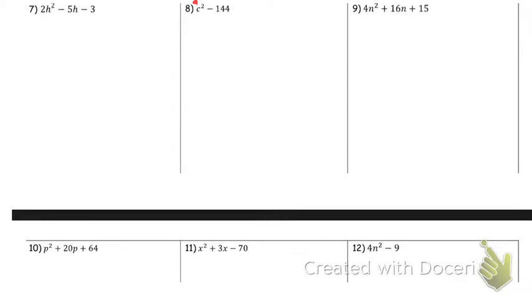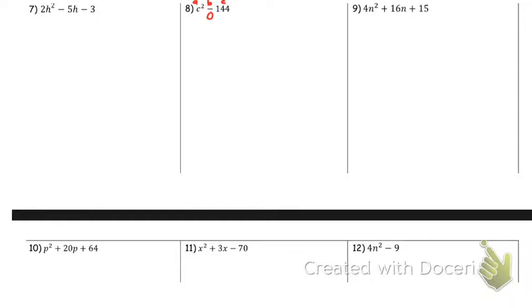Our B value would have been in the middle, but our B value is 0 because it's not there. Remember, your B value is the guy that has a single variable. So if you look, I'm missing the C variable. So that means my B value is 0, and my C value is negative 144.